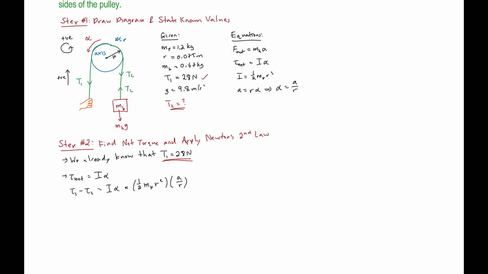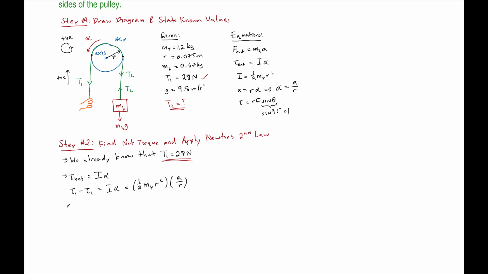So another way to write tau 1 and tau 2, remember the equation for torque? Torque is equal to rF sine theta, but in this case, both of these tensions are acting tangentially, so that means sine theta is sine of 90 degrees, which is equal to 1.